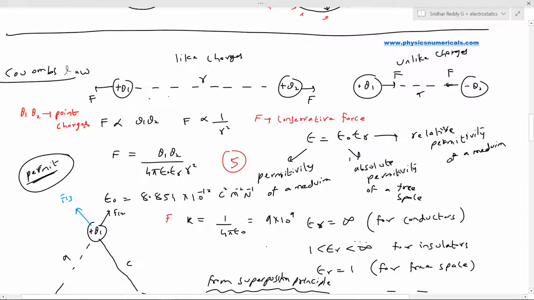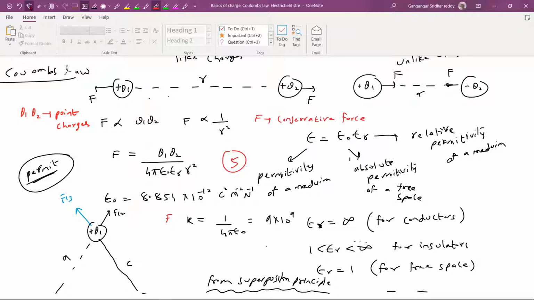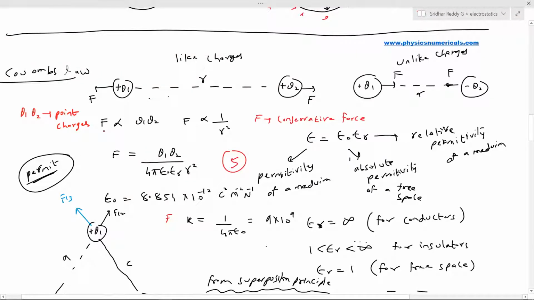What Coulomb's law says is that the force of interaction between the charges Q1 and Q2 is directly proportional to the product of the charges, and inversely proportional to the square of the distance between the point charges. Here the like charges will repel. You can see that repulsive force.